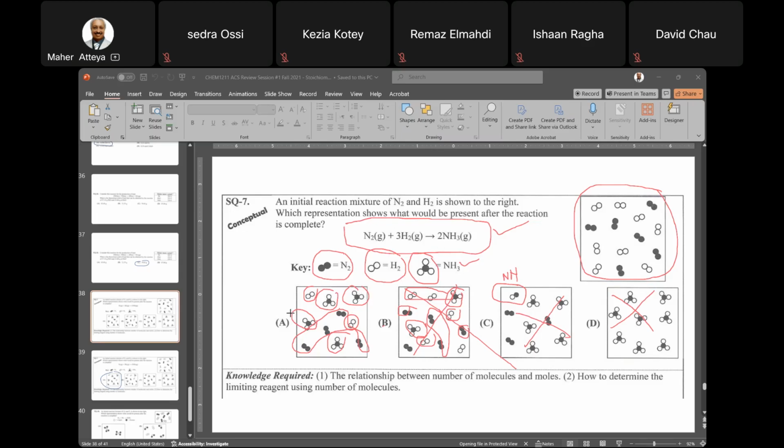So we have 1, 2, 3, 4 ammonia here. Two molecules of hydrogen, and how many nitrogens? 1, 2, 3, 4 nitrogen.